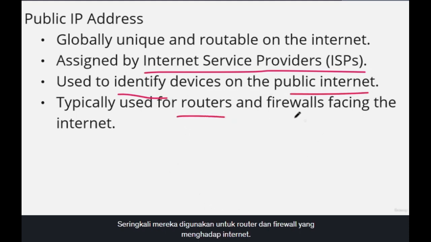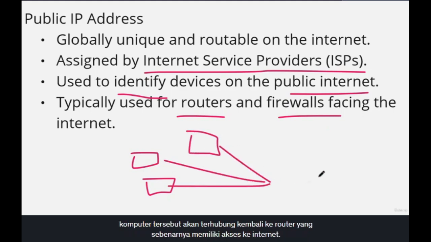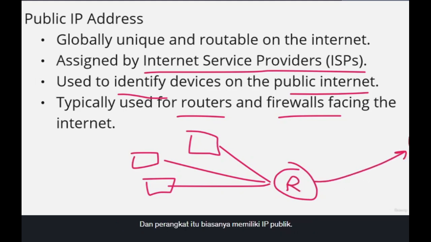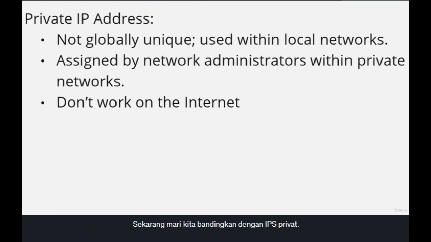Oftentimes, they'll be used for routers and firewalls facing the internet. So if your organization has a bunch of computers, and those computers all have private IPs, eventually those computers will connect back to a router that actually has access to the internet. And that device typically will have a public IP, and that'll typically be the only device in your network with a public IP.